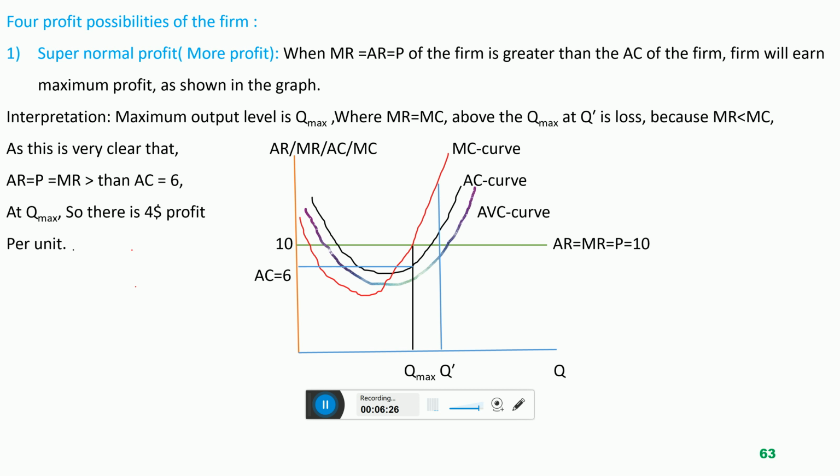Now we discussed in the previous lecture the different conditions up to which the company should produce to get maximum profit at maximum output produced. And we studied as well when the company should decrease output and when it should increase output.